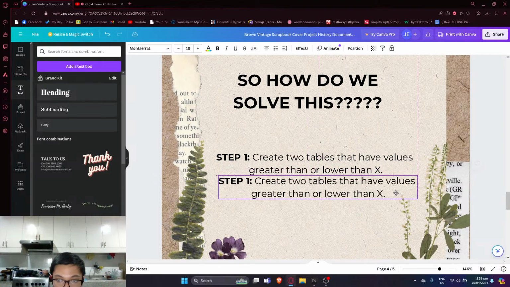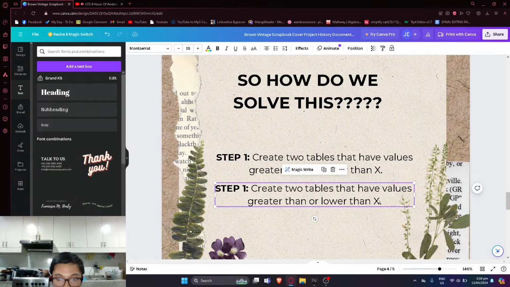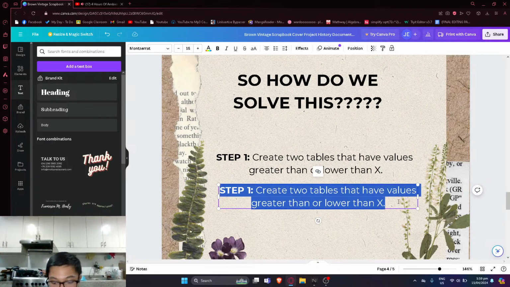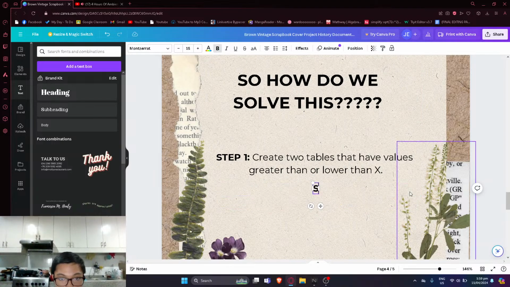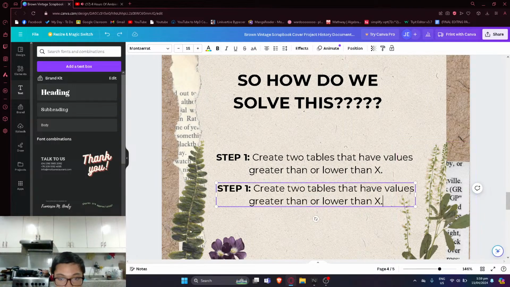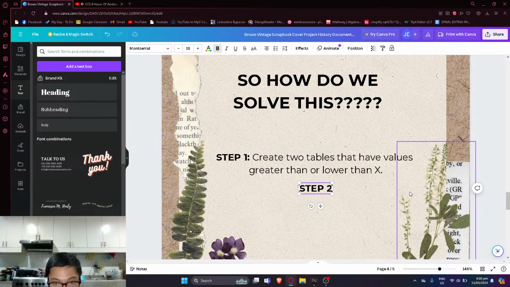Just copy this real quick. So, yung step 2, wait. Wala. Step 2. Hold for the Y values.